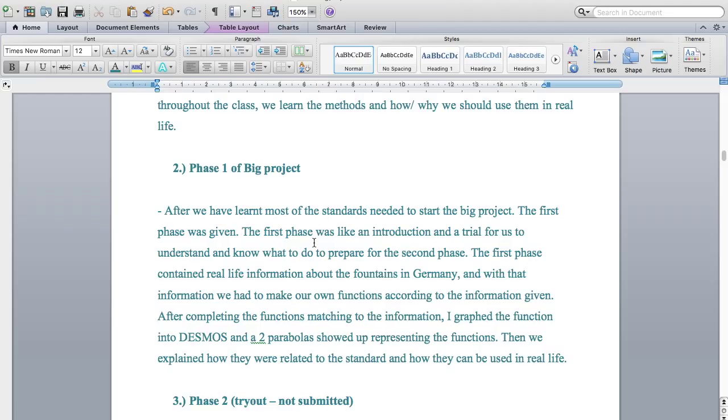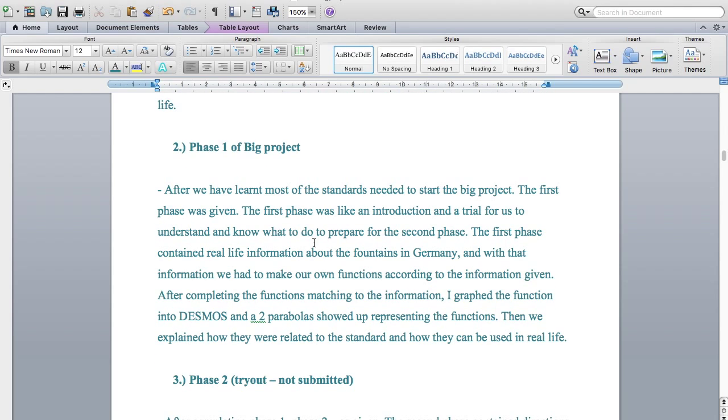According to the instructions given, we had to solve the formula, which was y equals a times (x minus m) times (x minus n), find the quadratic formula, solve it and put it in Desmos, and we will get the arc in the website.